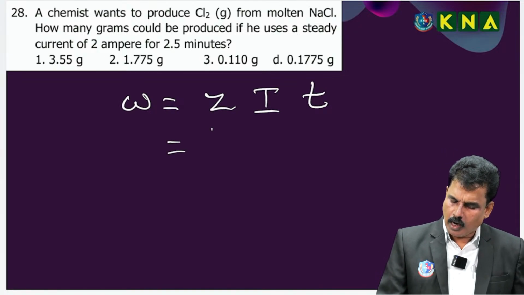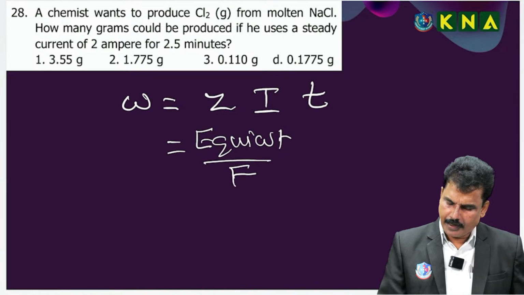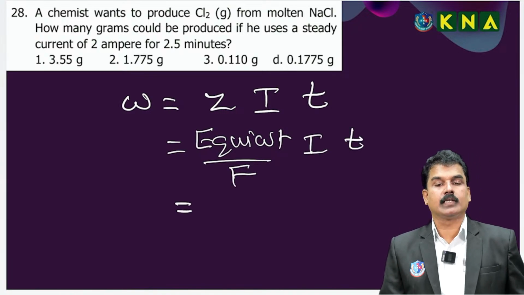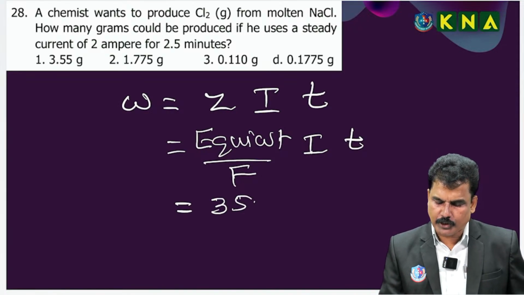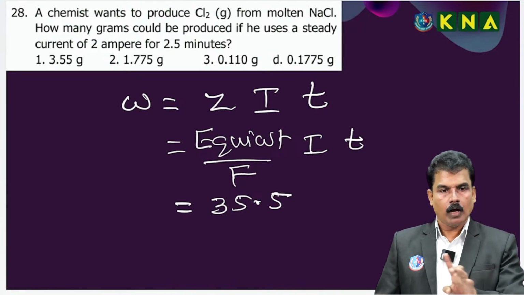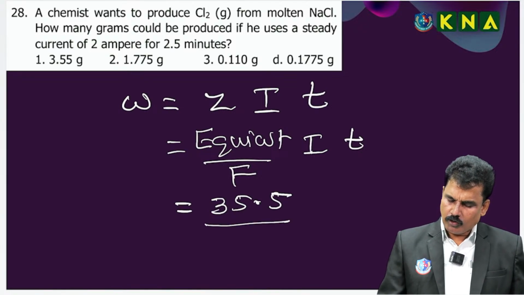Electrochemical equivalent. How to get Z? Equivalent weight by Faraday, into I into T. Here for chlorine, what is the equivalent weight? Atomic weight by valency. What is the atomic weight of chlorine? 35.5. What is the valency? 1.